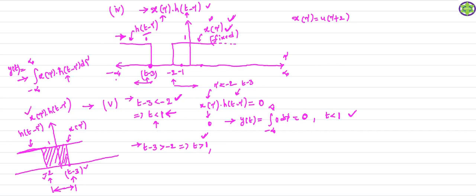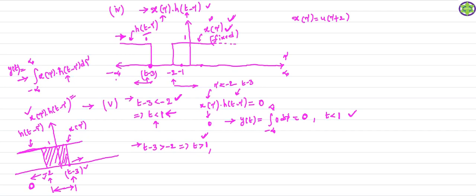Before this minus 2, the product is 0, because there is no x of tau signal for tau less than minus 2. After this also, the product is 0 because there is no signal.